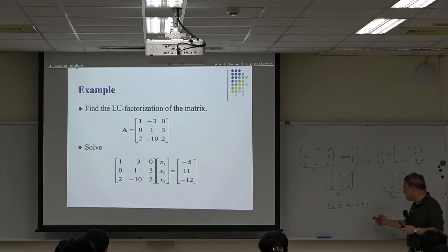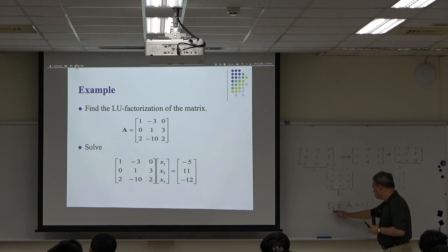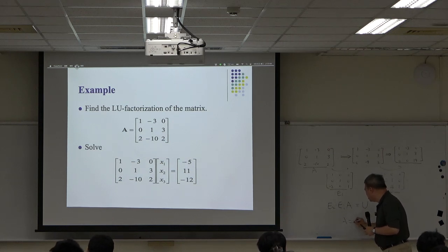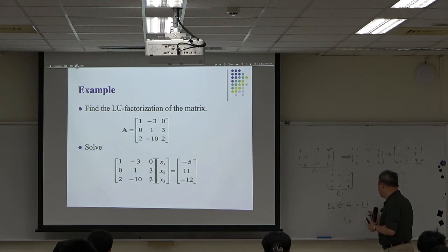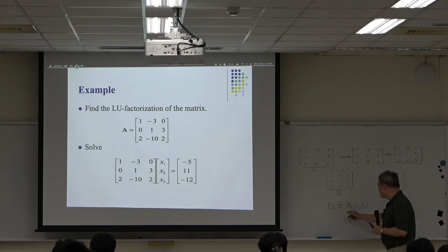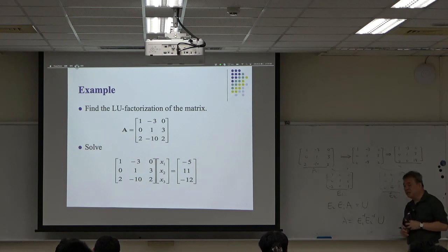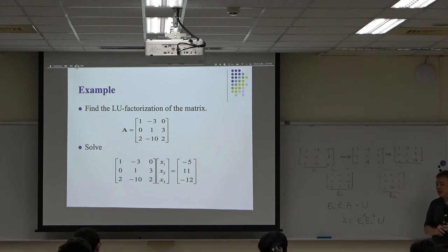And then if we want to solve for A, A equals the inverse of E1, and then the inverse of E2, times this one, right?